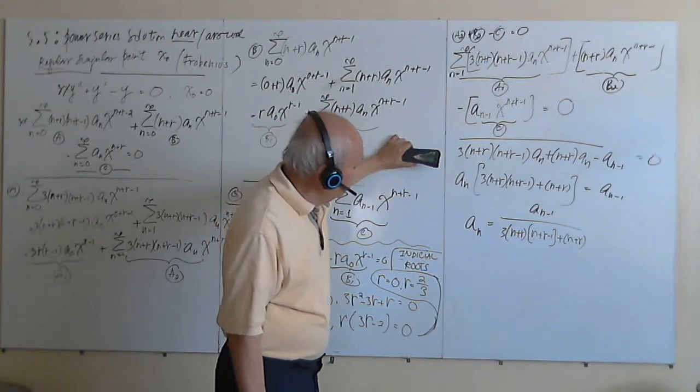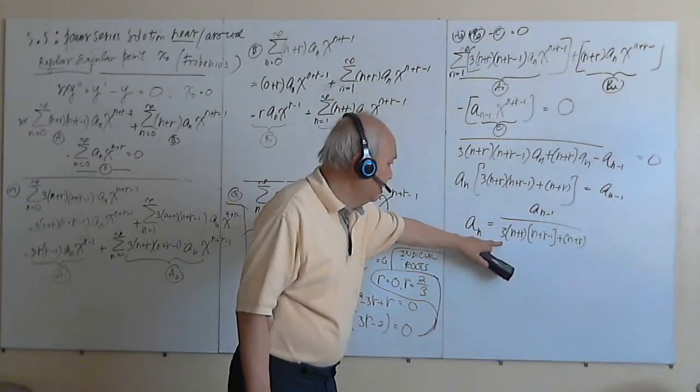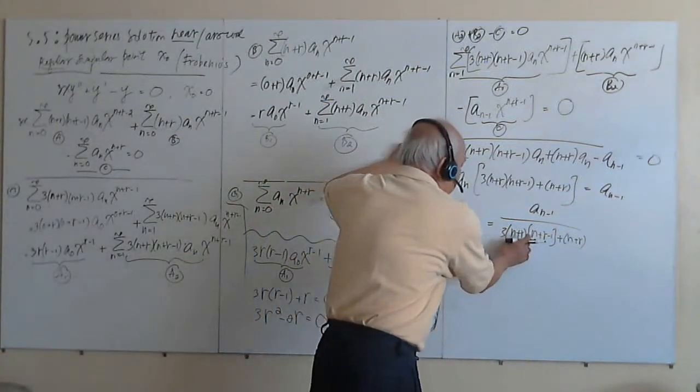But here I can simplify the denominator, because I got n plus r and then n plus r.